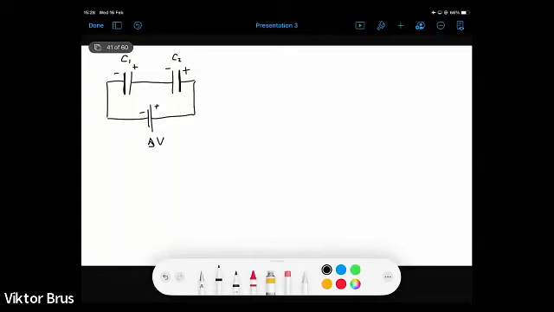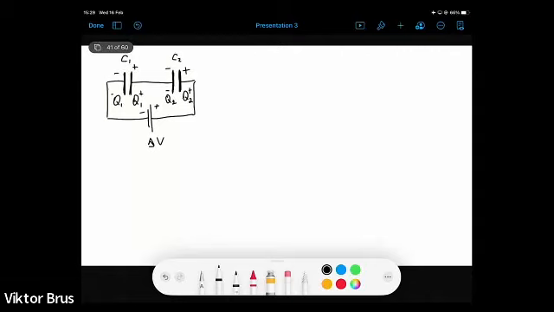Also, we can highlight here that we have Q1 negative at this plate, then this plate will give us Q1 positive. Then we have for this plate Q2 negative, and for the last plate Q2 positive.